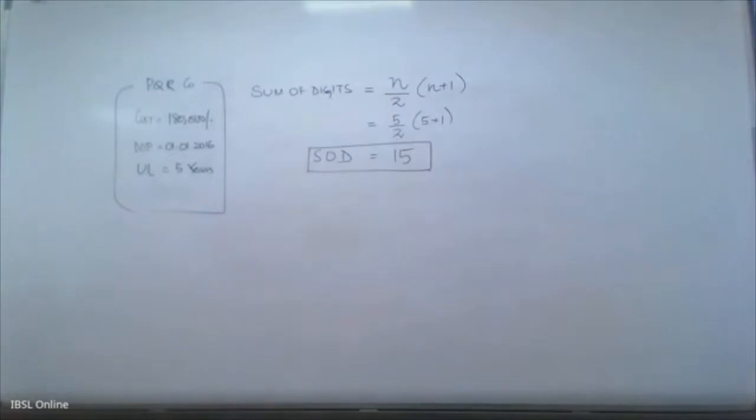Okay. So what you do first is you need to calculate the sum of digits. Sum of digits is calculated using the number of years that is given to me. So the number of years given to me is considered as n, and I will calculate depreciation based on that number.